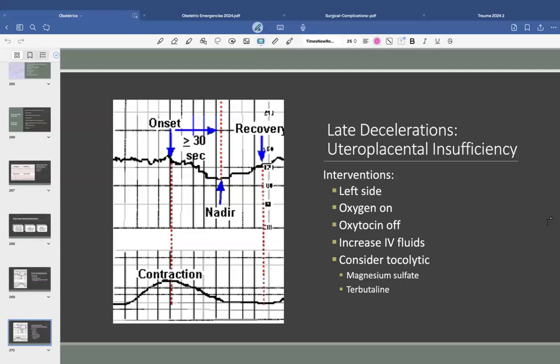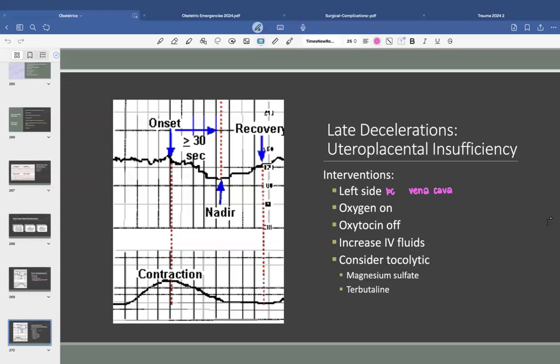So oxygen on, and then it says oxytocin off. Oxytocin, contraction or relaxation? Contraction. Because the uterus, we want it to relax. We don't want it to contract here. Decreasing the frequency of uterine contractions allows more blood flow to get to the uterus.